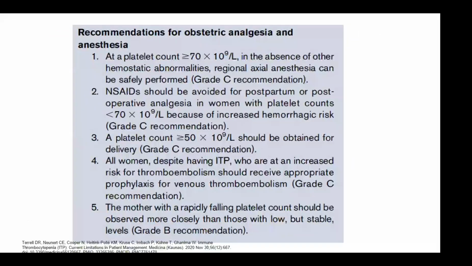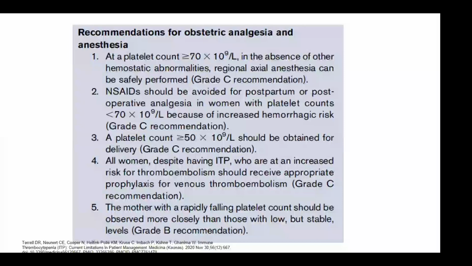A recommendation for the pregnant lady: a platelet count more than 70 in the absence of hemostatic abnormality. Regional axial anesthesia can be performed at a platelet count more than 70. NSAIDs should be avoided for postpartum or post-operative analgesia in women with a platelet count less than 70 because they increase hemorrhagic risk.